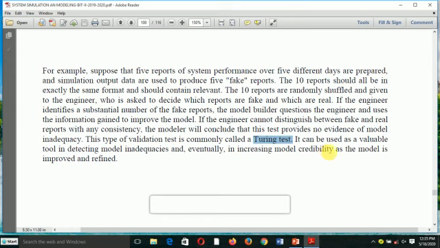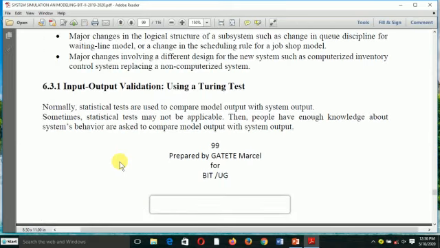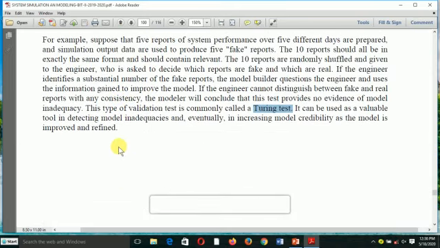If there are some problems, you have to improve and refine it. If no problem, okay, it is okay. So this model is a very nice one, or it can be a final step in testing the model adequacy.